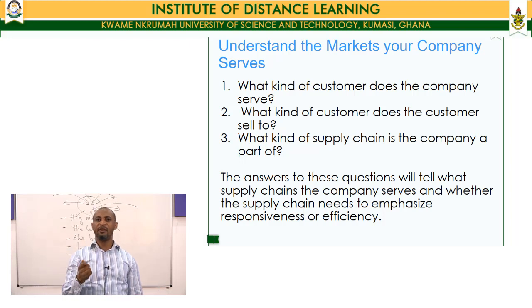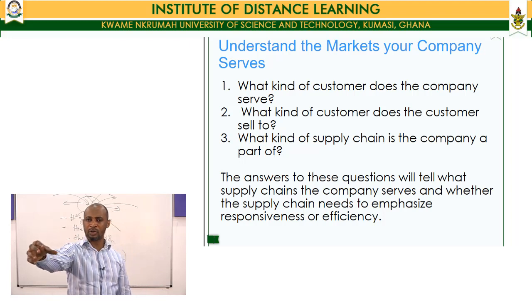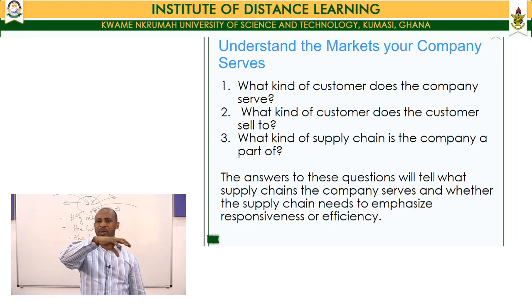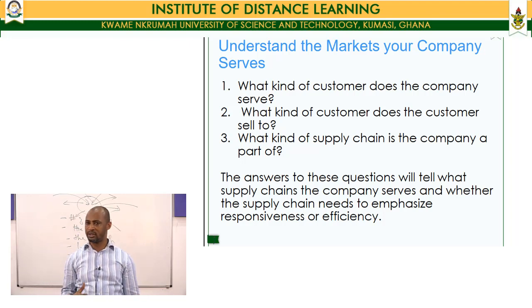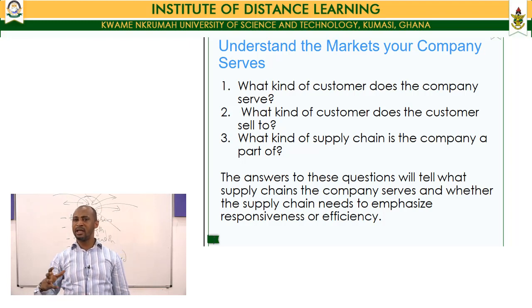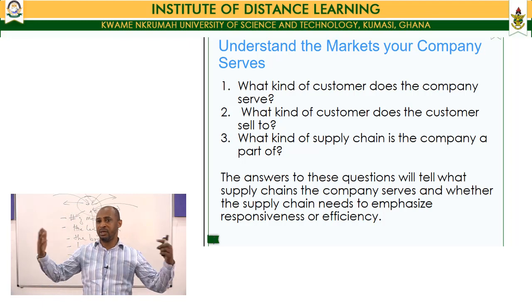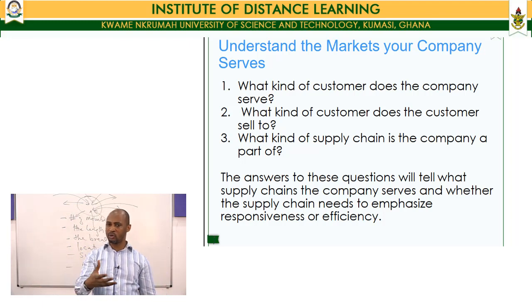Don't forget, if you are emphasizing responsiveness, then cost is not your business. You want to be close to the customer. So you see such companies having plenty of warehouses or plenty of distributors or wholesalers. Those emphasizing efficiency will have fewer outlets, fewer but maybe big, because they want to manage costs.